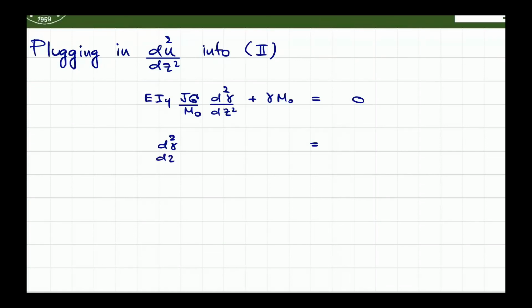you have the solution given in terms of sine and cosine functions, plus now m naught square. I take this whole thing to divide all throughout the equation, so we get the m naught square over jg EIy.